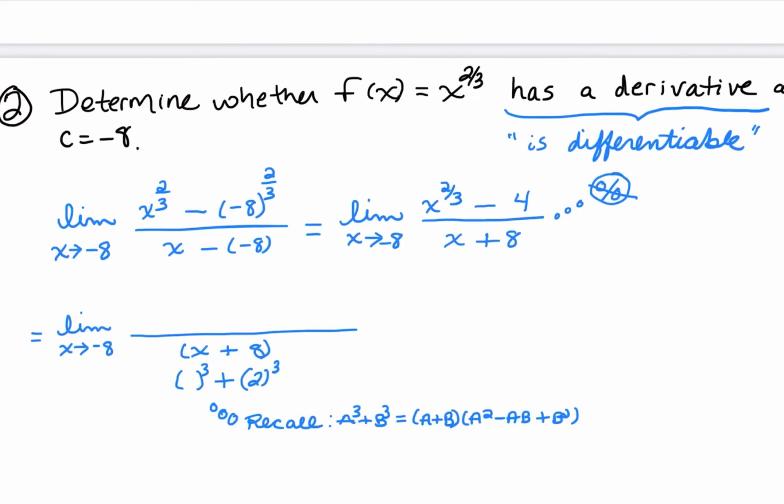That probably isn't a factoring pattern that you use as often as the difference of two squares, but that is how we factor the sum of two cubes.